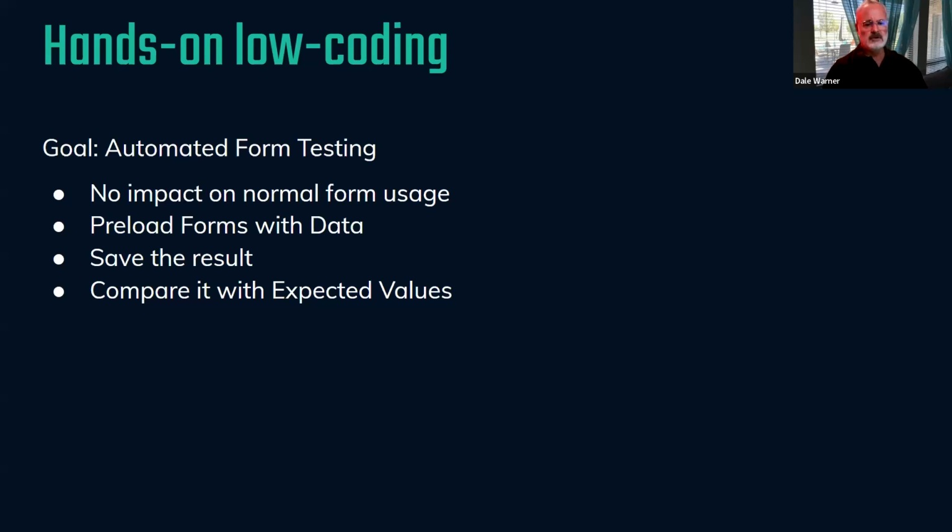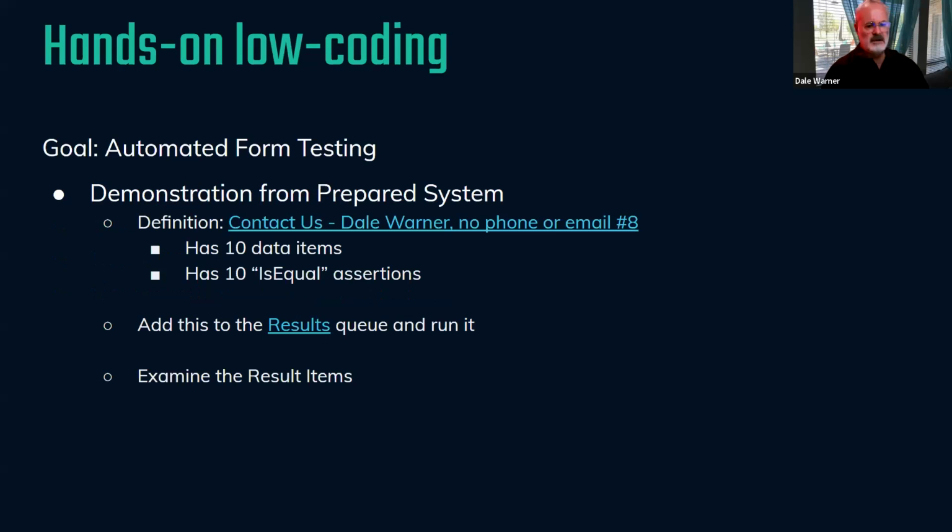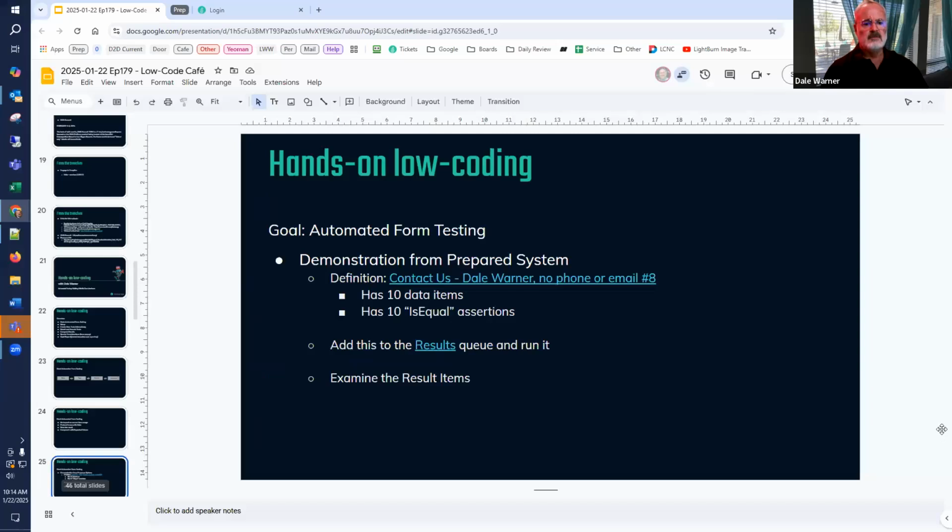We also want to be able to preload the form with data. You don't want to fill it out manually, so we'll preload it. And then when a button gets pushed, we'll save the result and compare it with expected values. That's where we're going. So let's take a look at a system where this is already present, which again will help visualize where we're going.